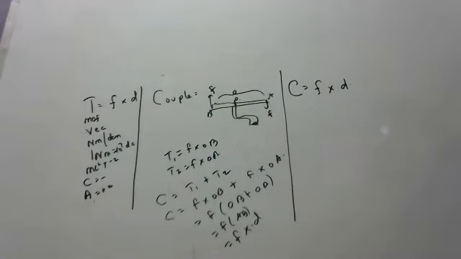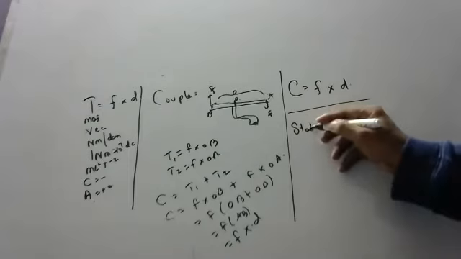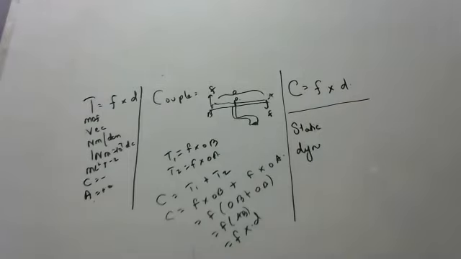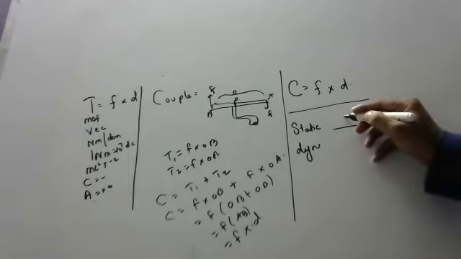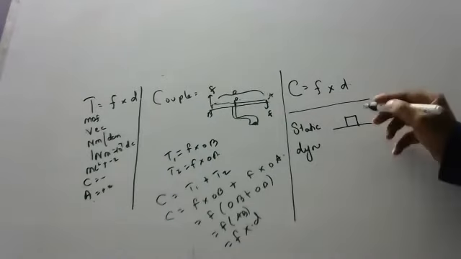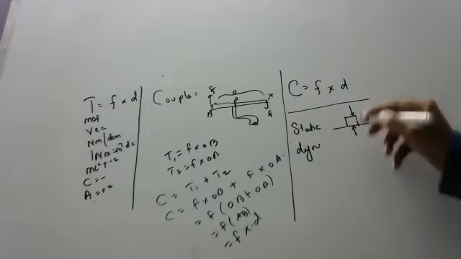Now, what are the types of equilibrium we have? We have static equilibrium and dynamic equilibrium. What is static equilibrium? When a body is at rest. Any body at rest is under rest because these forces are cancelling each other.